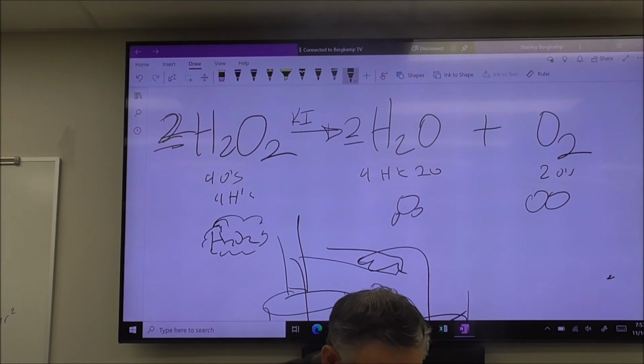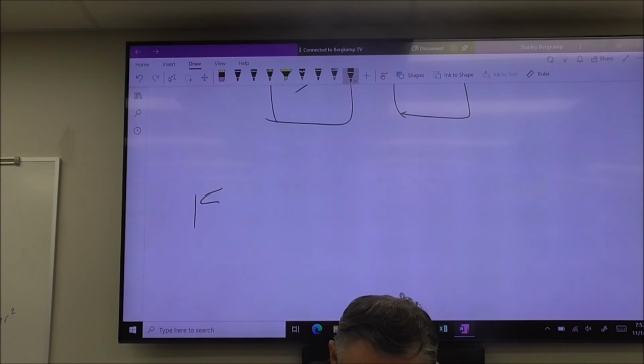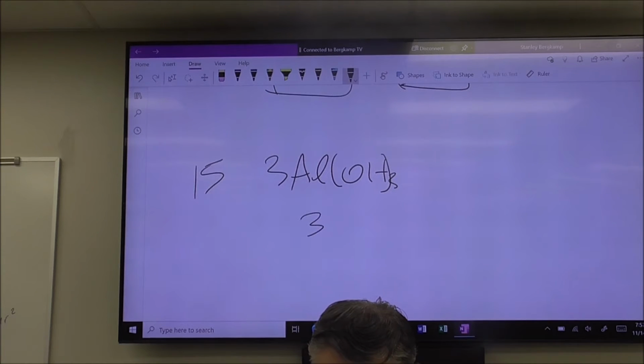So let's talk about, say, for example, number 15. So you've got 3 aluminum hydroxides, okay? So the aluminum is pretty simple. That's just going to be 3 aluminums, right?